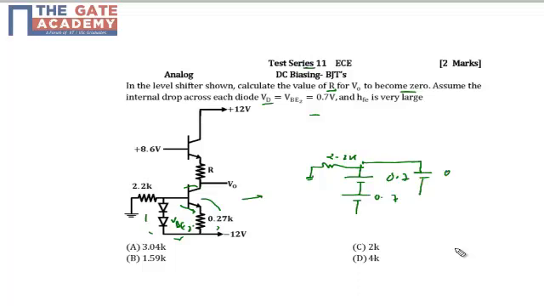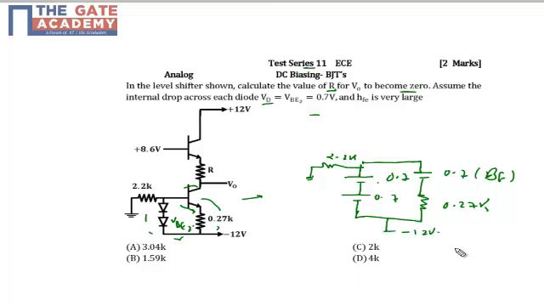So here we have one more battery of 0.7 volt, the base-2 emitter one, and then we have a resistor of 0.27k, and here we have a supply of minus 12 volt.